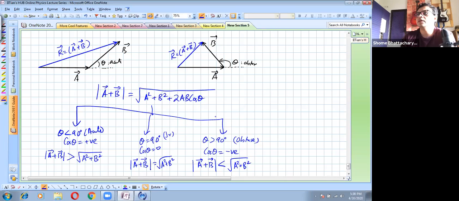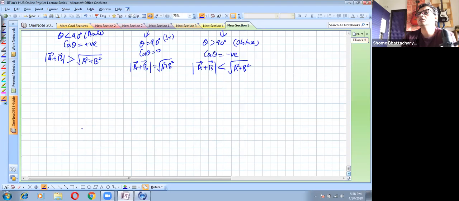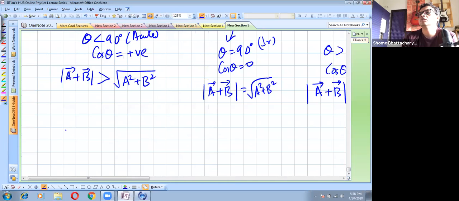Right. Now, another thing you can see within the same formula, it is very important. Also, we have this formula.